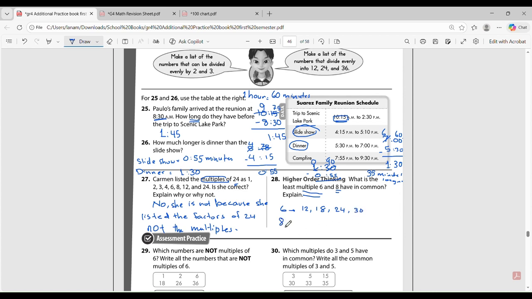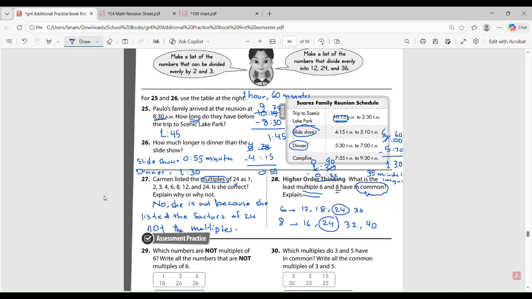Now, the multiples of 8 are 16, 24, 32, 40. Now, what is the multiple that is in common? The multiple that we have in both. I have 24 as a multiple of 6 and 24 as a multiple of 8. So this is the common multiple.